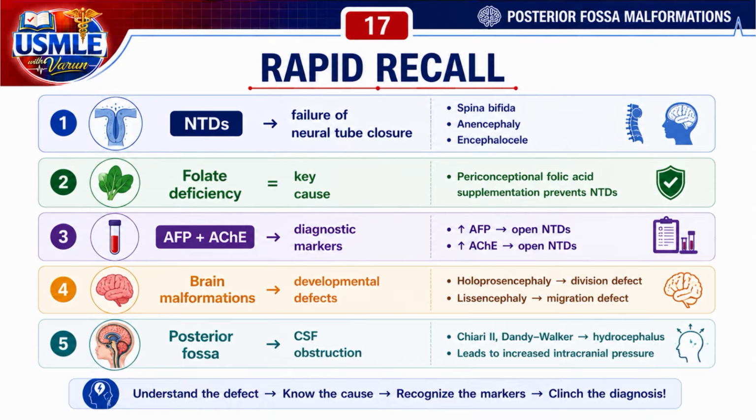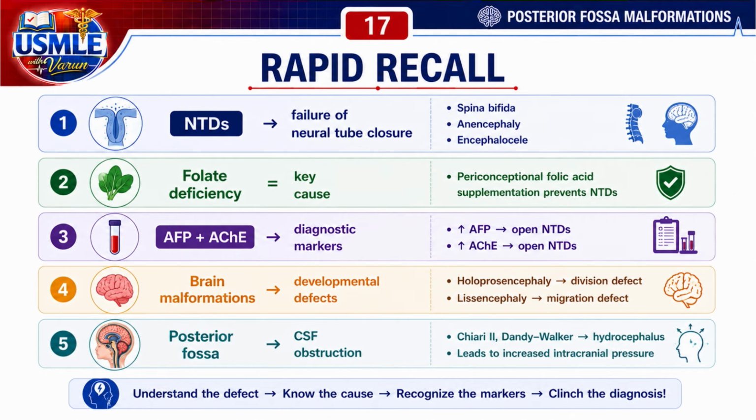That's the reason why we prescribe preconceptional folic acid supplementation to prevent neural tube defects. Markers like alpha-fetoprotein and acetylcholinesterase can be used as diagnostic markers. AFP is more of a sensitive marker, whereas acetylcholinesterase is more of a specific marker, and it is used for confirmation of the screened neural tube defects.